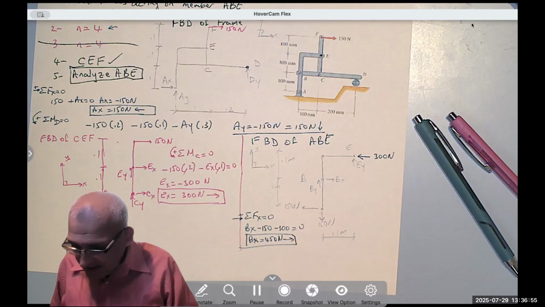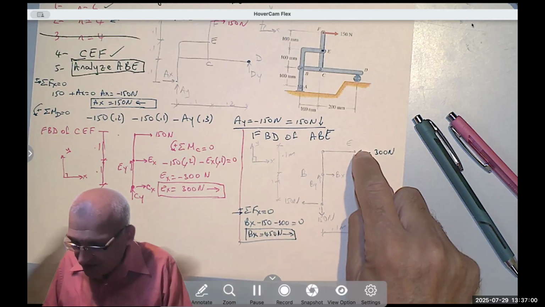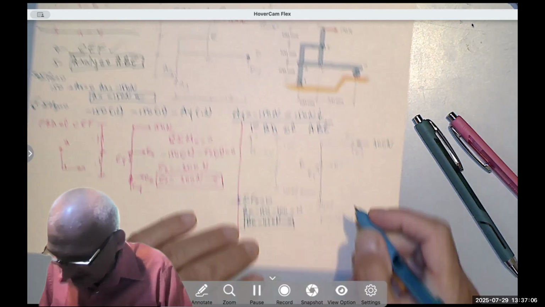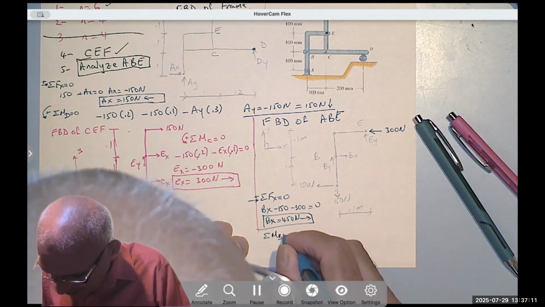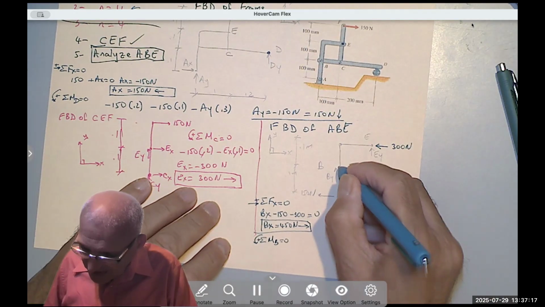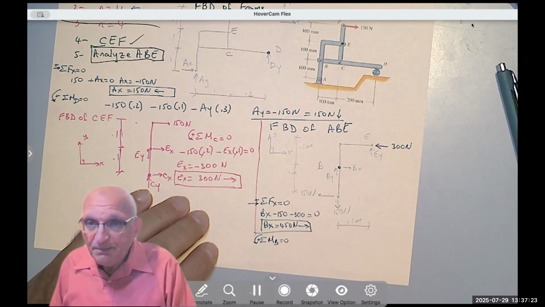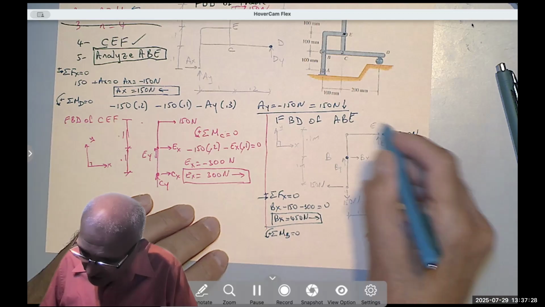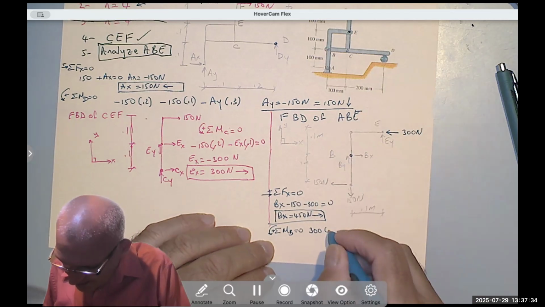Then I'm going to take the moment either about E, because the only unknown is BY, or about B, because the only unknown would be EY. It really doesn't matter. So let's say we take the summation of the moment about point B equal to 0. This is positive. All these three forces pass through B so they don't produce moment. You have three forces producing moment. The 300 is rotating counterclockwise, so that's positive 300 times 0.1.